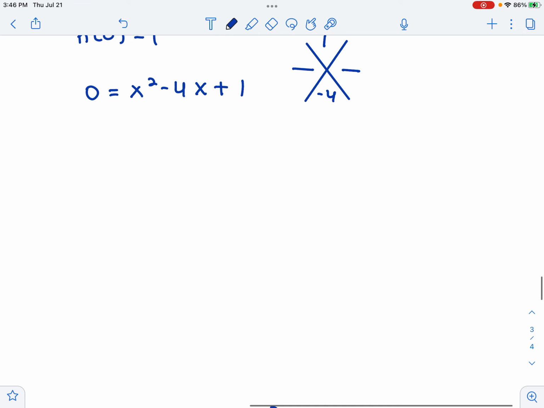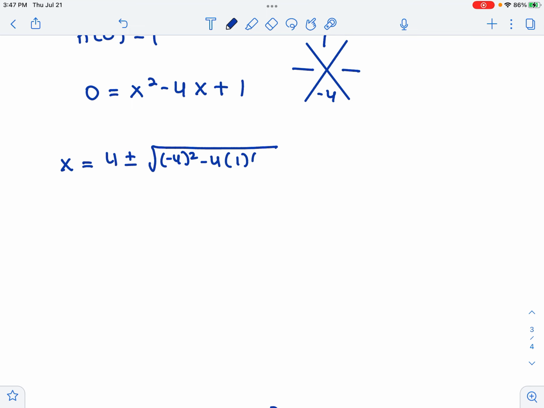So now I'm going to use the quadratic formula to solve it. x equals, what am I doing? The opposite of b, which is 4, plus or minus the square root of b squared. b is negative 4, so I'm going to put it in parentheses and square it. Minus 4 times a, which is 1, times c, which is 1, all over 2 times a, which is 1.